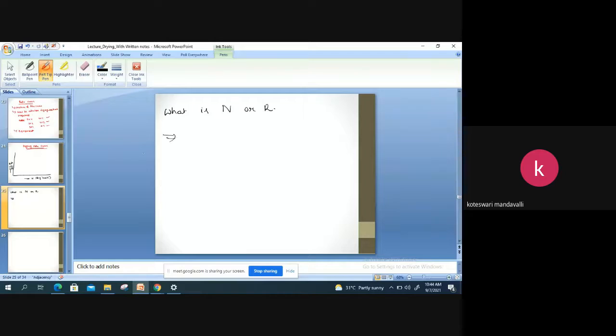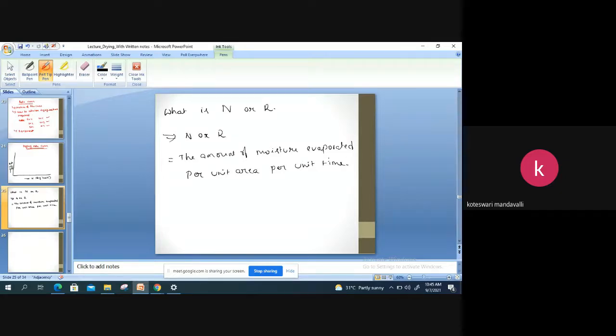R is the amount of moisture, N or R. Some textbooks represent it in terms of R, and some in terms of N. It is nothing but the amount of moisture evaporated per unit area per unit time.